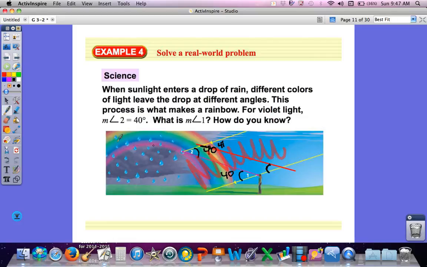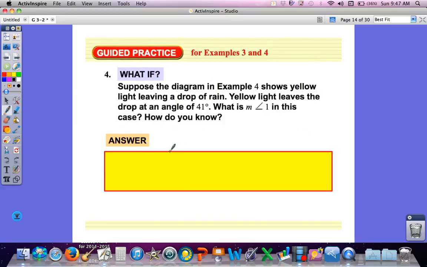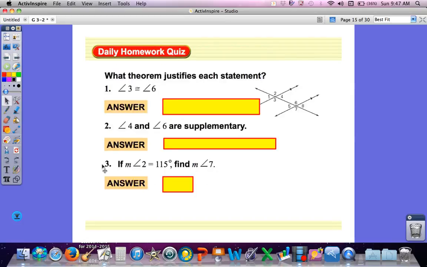Now we have an angle there that's 41. Let's go back and look at what the question actually says though. They want you to find the measure of angle 1 in this case. Once again, because the alternate interior angles are congruent, it's 41.